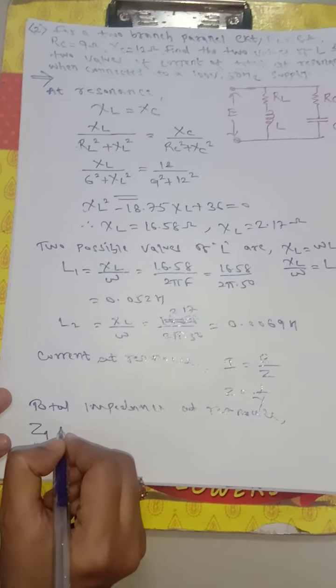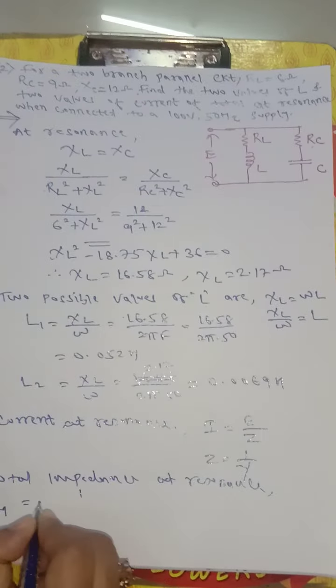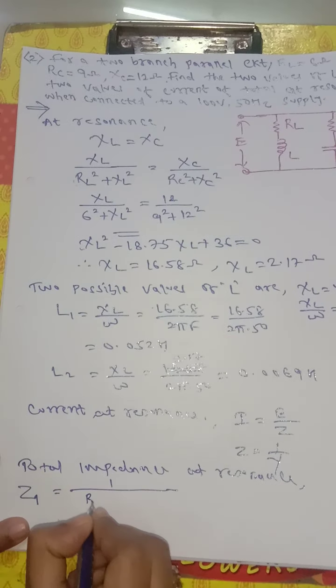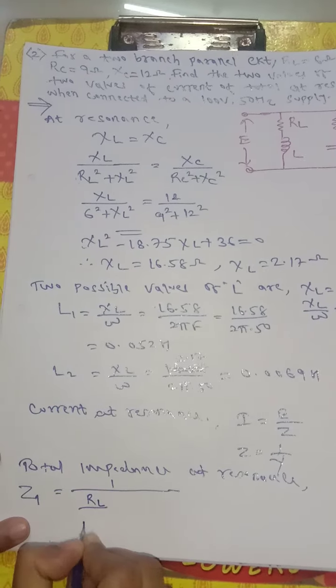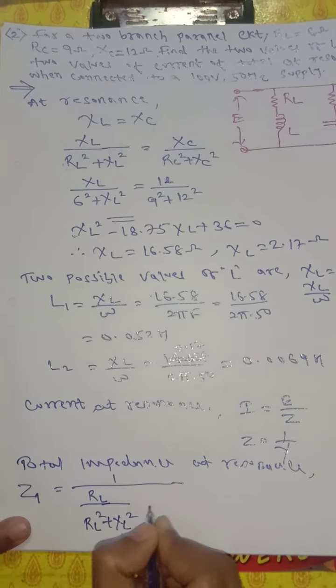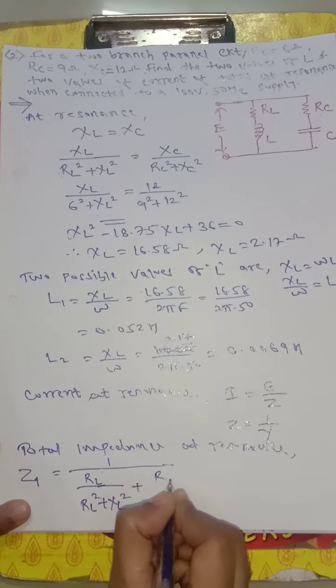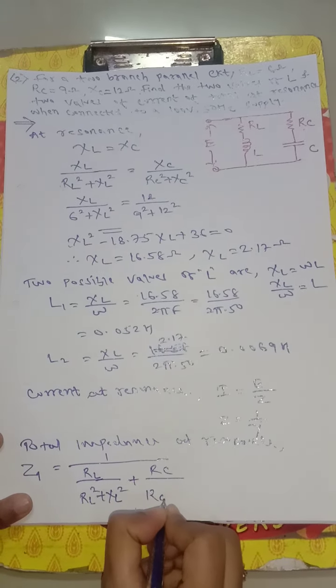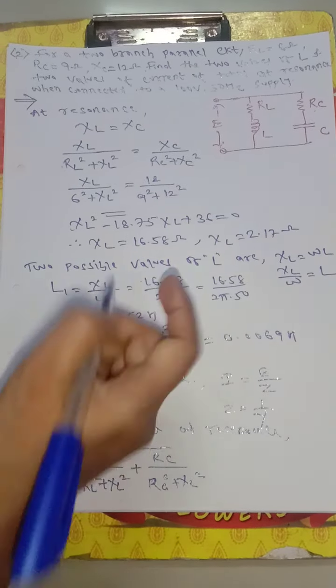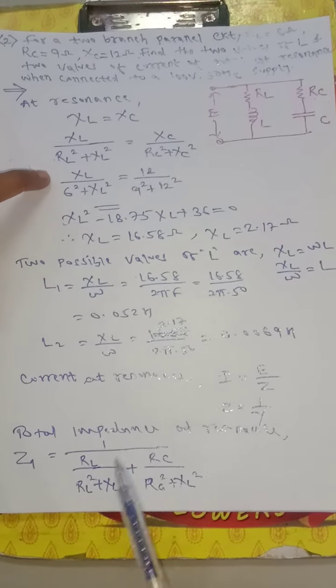So Z1 is equals to 1 divided by, see here the formula, be careful, RL divided by RL square plus XL square plus RC divided by RC square plus XC square. See here how I am getting, just because of the above term.